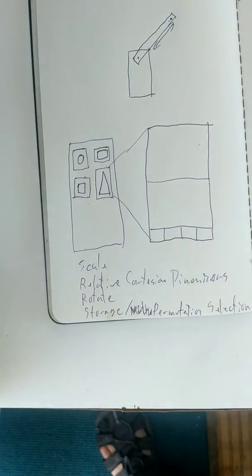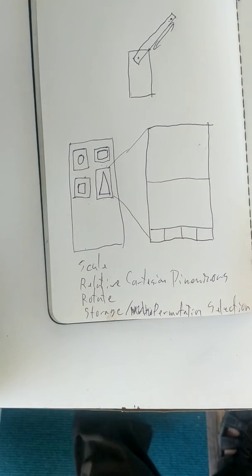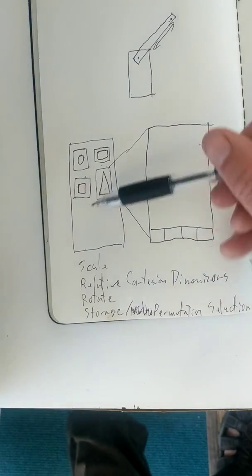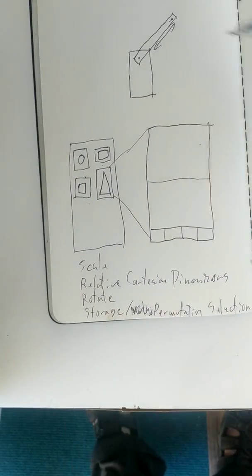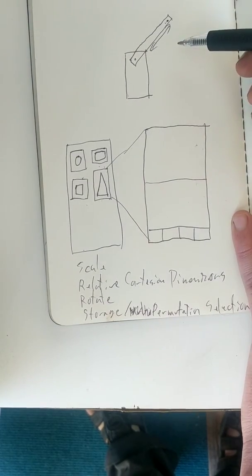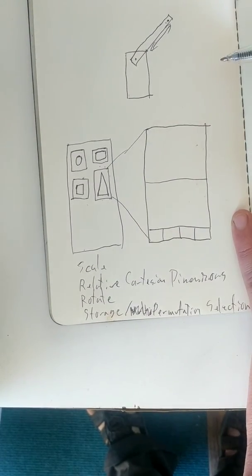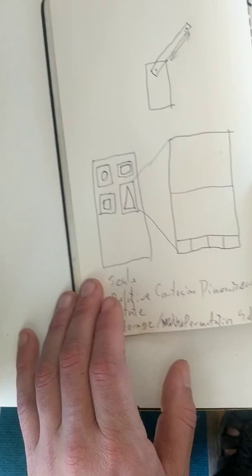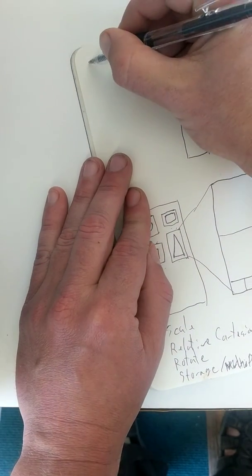This app, outside of just these objects, the app itself also should have the ability to write new shapes.